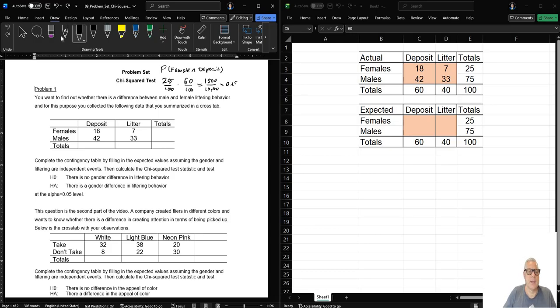But what we need to do is we need to take this 15%, so 25 over 100 times 60 over 100, that is 15%, and we have to multiply it times the 100, and then we get the expected frequency under independent events. So that means that here we would expect 15.